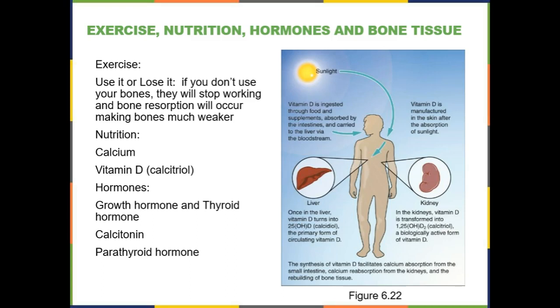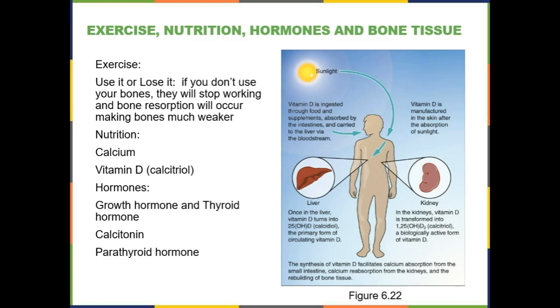Vitamin D comes from sunlight, specifically UV radiation. Our keratinocytes in our skin take in the UV radiation and produce a pre-vitamin D that can then move to the liver and then the kidneys. As it moves, it is converted into new molecules. The last, in the kidneys, is calcitriol, the active form of vitamin D.